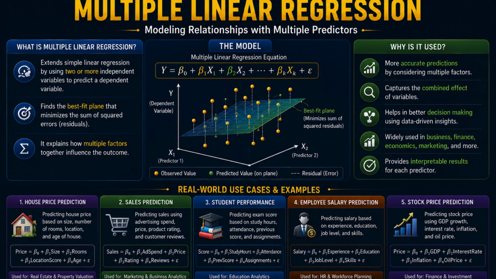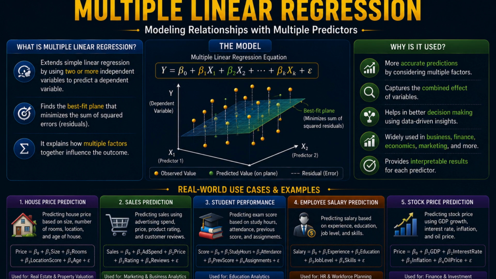Whenever multiple variables influence an outcome, this model becomes the preferred choice. So, if you're preparing for interviews, always remember this simple difference. Linear regression uses one independent variable to predict the dependent variable, whereas multiple linear regression uses two or more independent variables to make better and more accurate predictions.